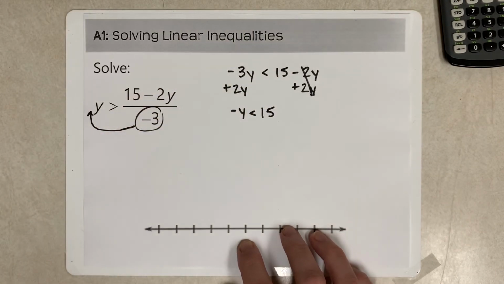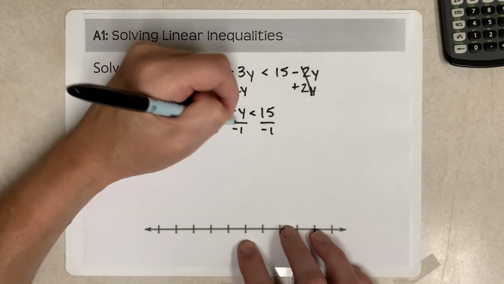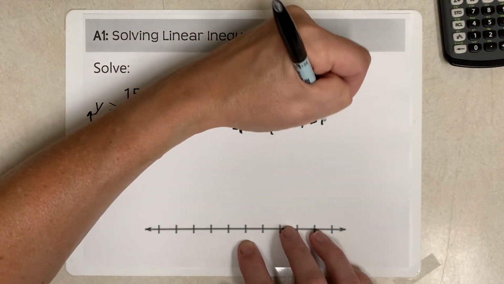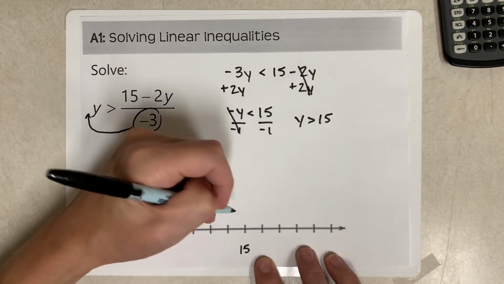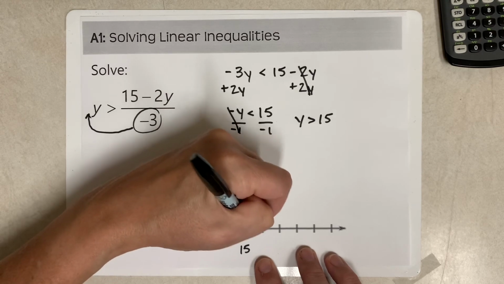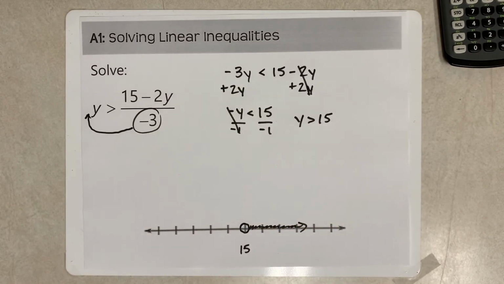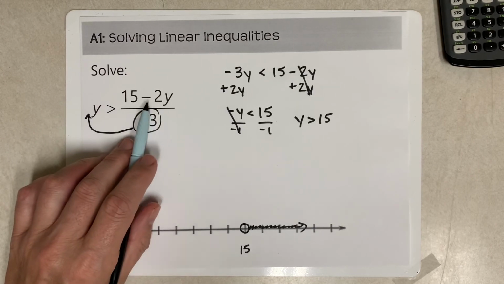So now I've got to multiply by -1. And so now look what happens. And now I have to flip the symbol again. And y is now greater than 15. So now I need a 15 right in the middle, open circle, shaded to the right. So I had to flip the symbol twice that time, and that happens because I had a negative here and a negative here.